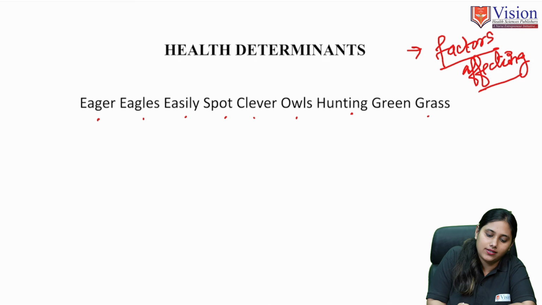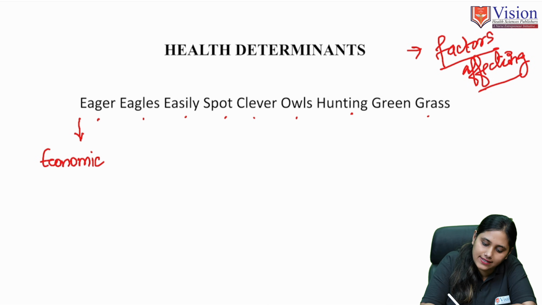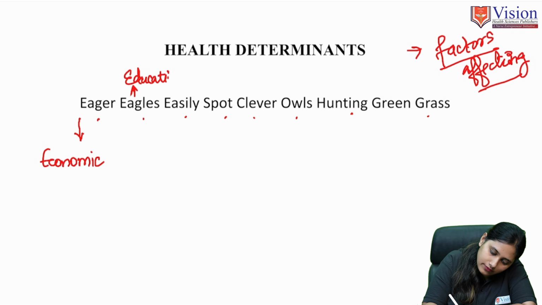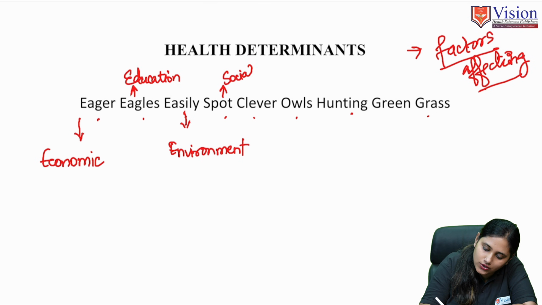Okay, here E stands for economic. Again, the next E stands for education. The third E stands for environment. S stands for social support.